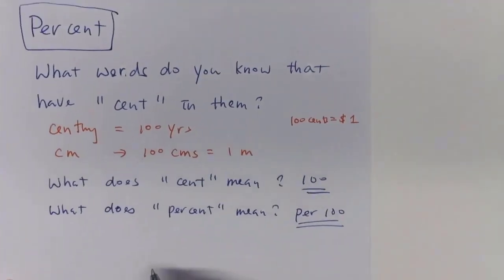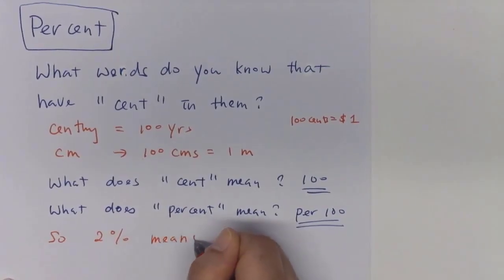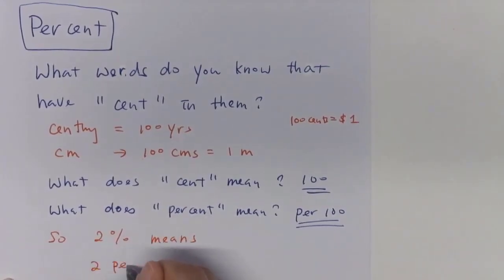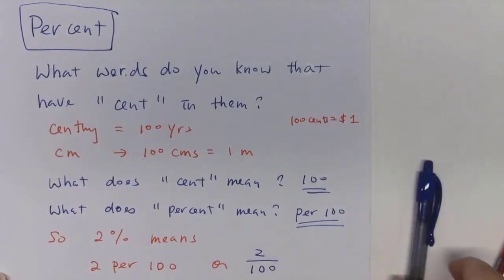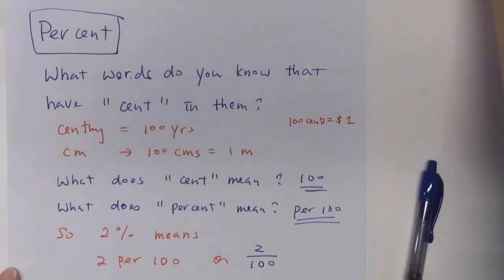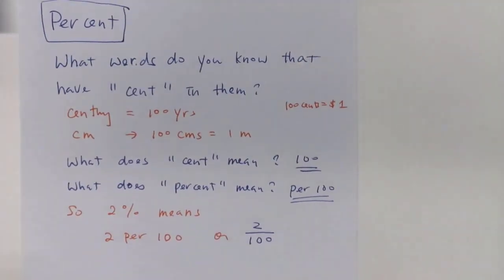So if we have 2%, it's going to mean 2 per 100, right? Or we can think about it as 2 per 100 in a fraction form. That's why we introduce fractions and then decimal and then percent. They're kind of related.